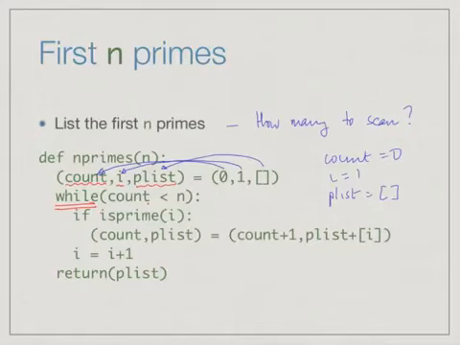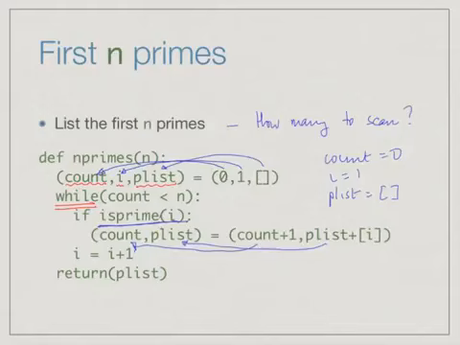Now, so long as we have not seen n primes, while count is less than n, we have to check whether the current i is a prime, and if so, add it. So if the value i we are looking at is a prime, then first of all we have found one more prime. So we increment the value of count, and we have found a prime, so we must add it to the list of primes. If this is not a prime, we must just go to the next number.